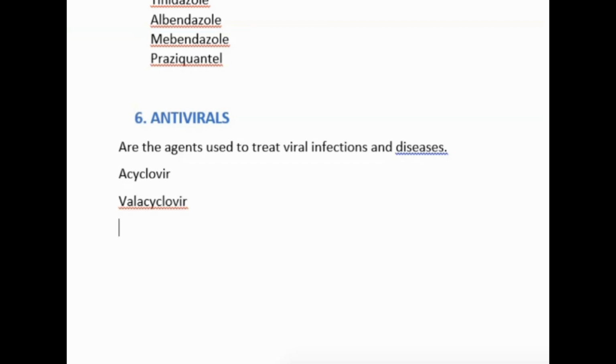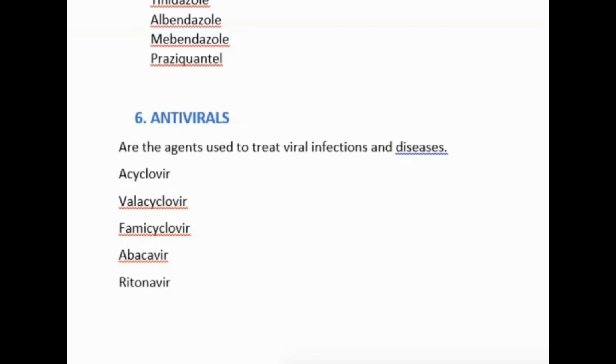Okay, the third we have is famciclovir. Okay, we also have abacavir. Okay, we also have ritonavir. So these are antiviral medications which are used to treat herpes simplex virus and influenza.